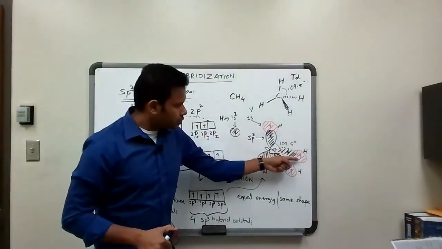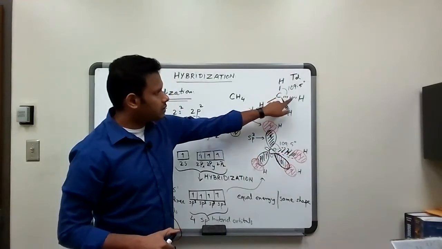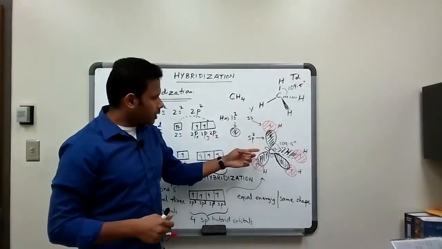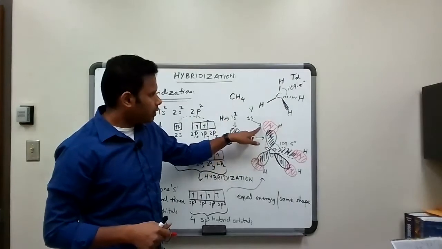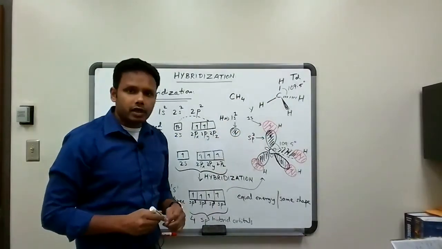And the same is true for all of these bonds. Each of these bonds in methane is formed by the overlap of an sp3 hybrid orbital from carbon with a 1s orbital from the hydrogen atom.